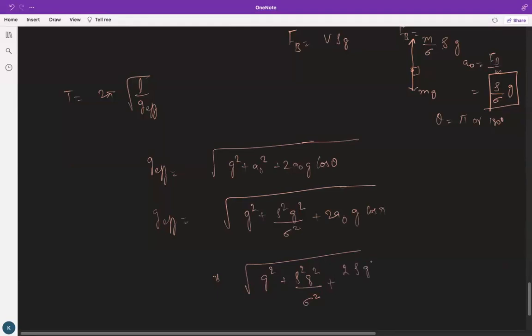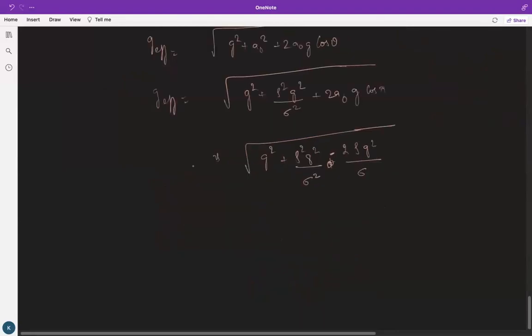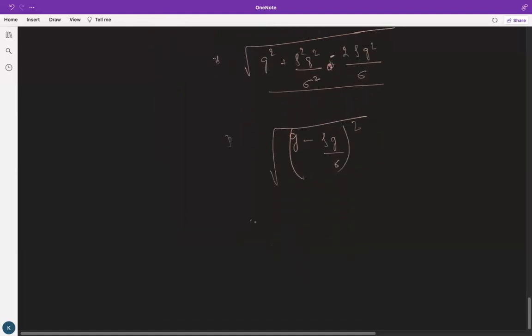So G square plus rho square G square by sigma square minus 2 rho G square by sigma. Looking at this whole term, it is written in the form of G minus rho G by sigma whole square, because all the terms are in the form of A minus B whole square. So you can write this as G times 1 minus rho by sigma.